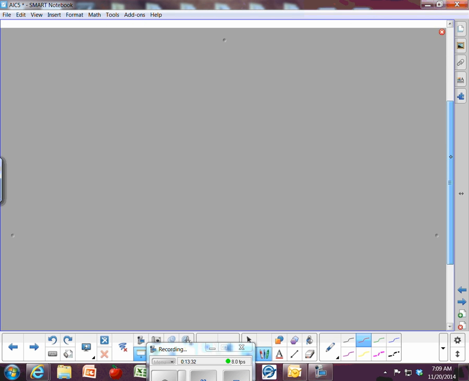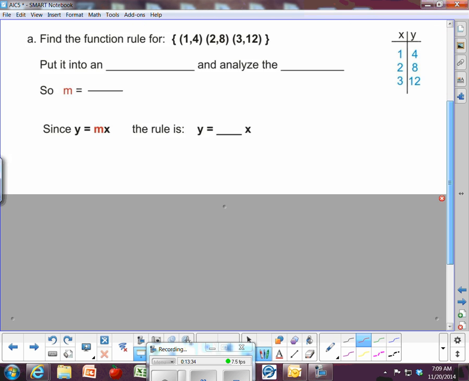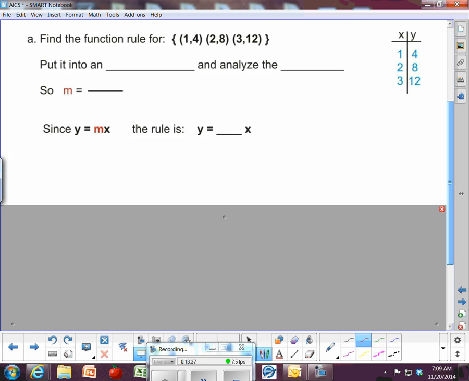Okay. So let's take a look at the first example here. All right, so the instructions say find the rule for this set: 1, 4, 2, 8, 3, 12. All right, first thing you want to do, put it into an XY chart.